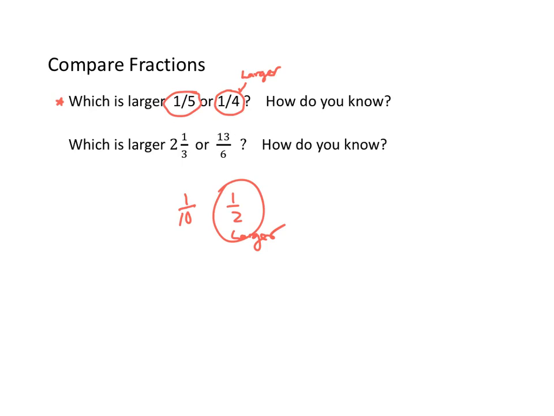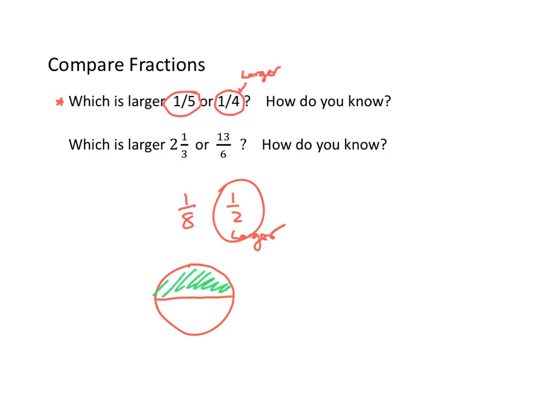So let's say our 1/2 of a pizza, if this was 1/8 instead of 1/10, I'll make it easier for myself. Then I would want to compare 1/2 to 1/8, but I'm going to compare the 1/2 to 1/8 using eighths.